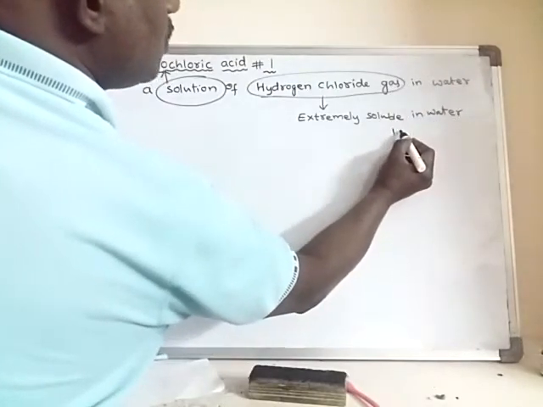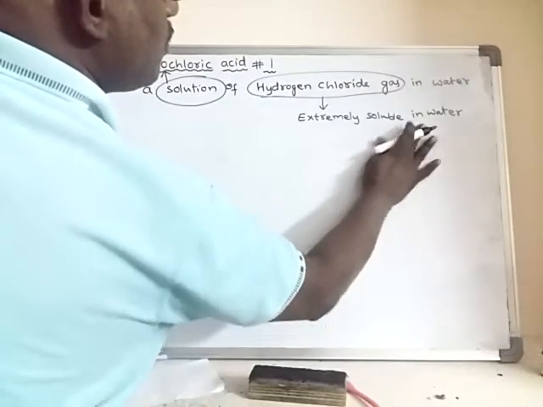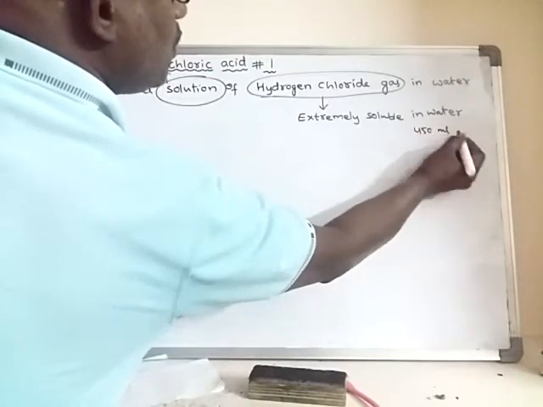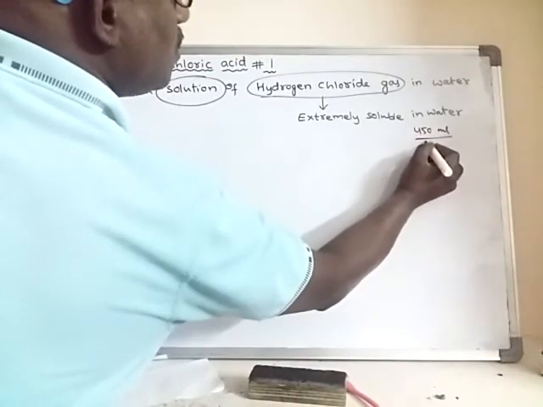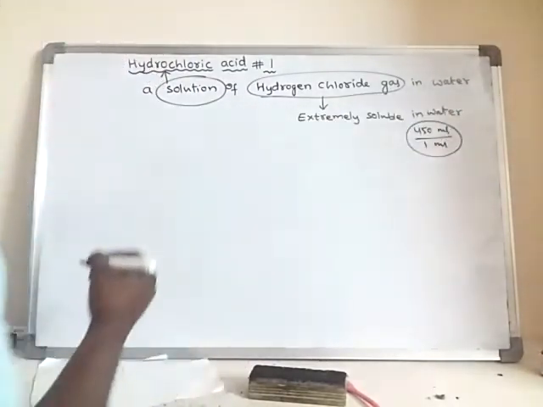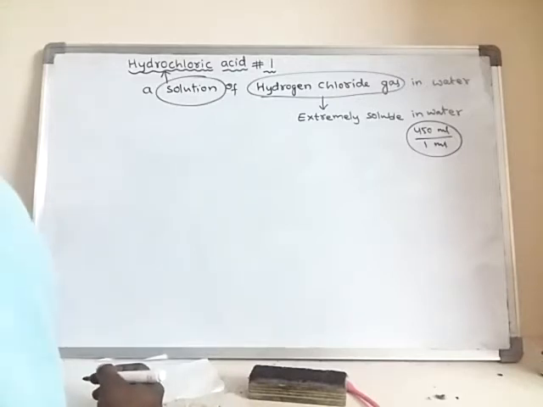Every 1 milliliter of water can dissolve 450 milliliters of HCl. So that much solubility the HCl has in water.